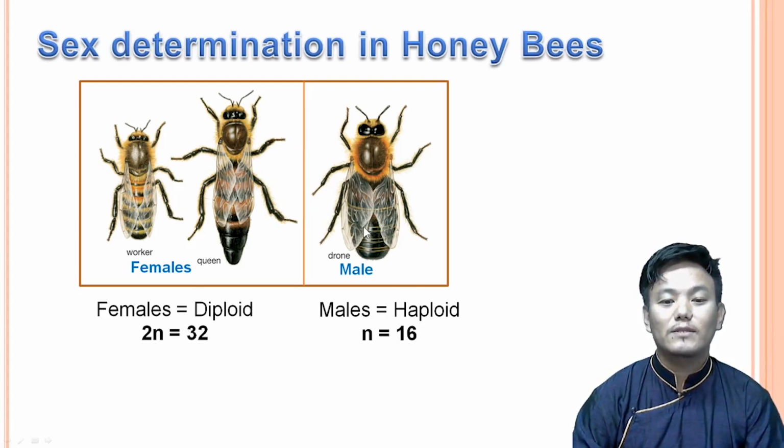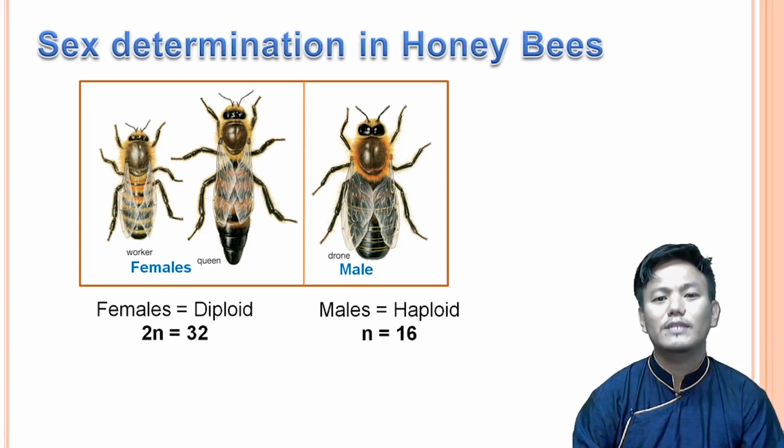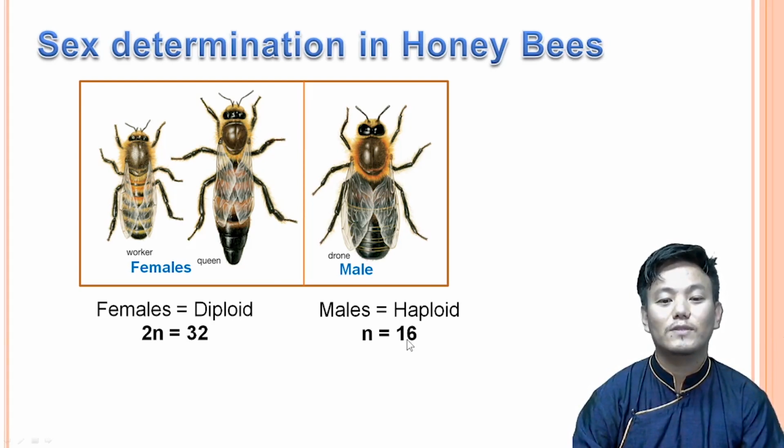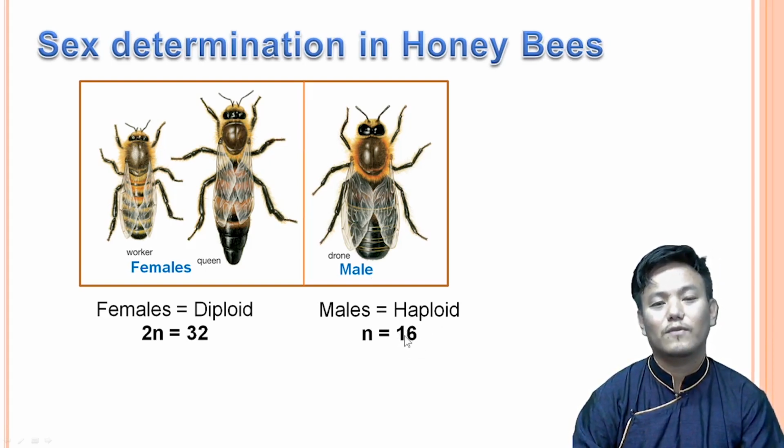And the males are haploid because the eggs laid by the queen, the unfertilized eggs, develop into males. The eggs which are not fertilized will develop into drones, or the males. So the males are always haploid because they are not getting the other half of the chromosomes from the male parent, right?